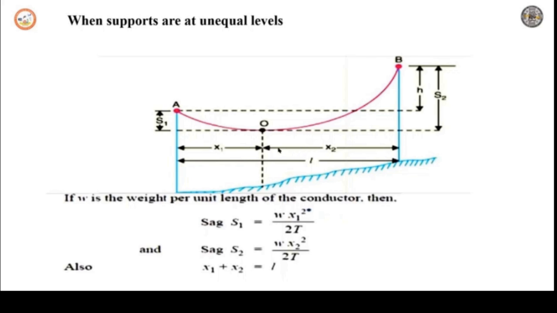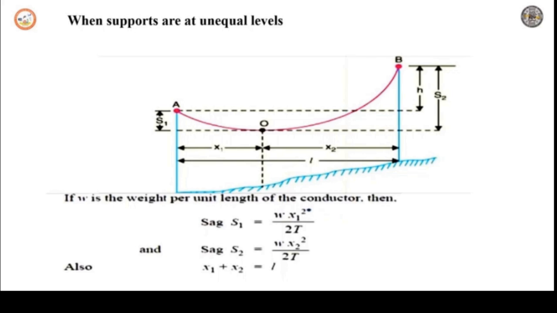Applying the results derived in the earlier section, we can write the sag S1, from point A to the lowest point of the conductor. Considering the half span, where the horizontal distance is x1, S1, the sag at the lower level, is equal to Wx1 squared by 2T.